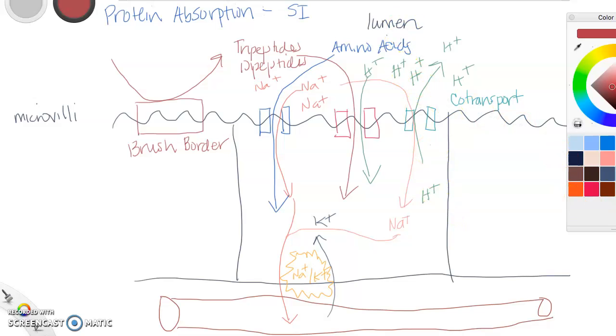Once those molecules are inside the cell, there's a transporter down here that allows those molecules to go into the bloodstream. So we've got these guys here and the amino acids.